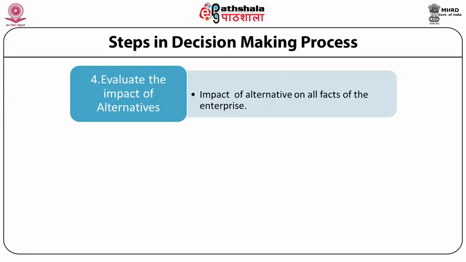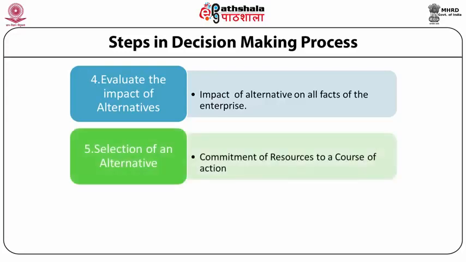The fifth step would be selection of an alternative course of action after the various alternatives have been identified and evaluated. The selection of an alternative encompasses commitment of resources to the chosen course of action.